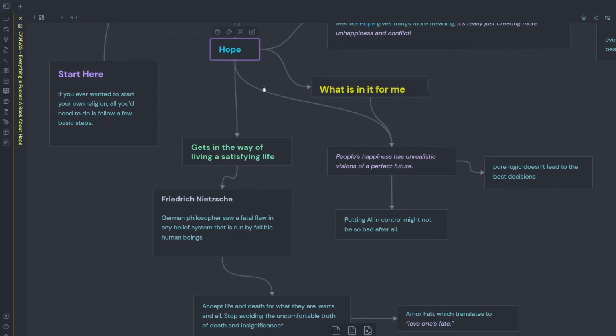Mark goes on to say that hope gets in the way of living a satisfying life. People's happiness has unrealistic visions of a perfect future. Pure logic doesn't lead to the best decisions. And Mark also highlights that putting AI in control might not be such a bad idea after all.